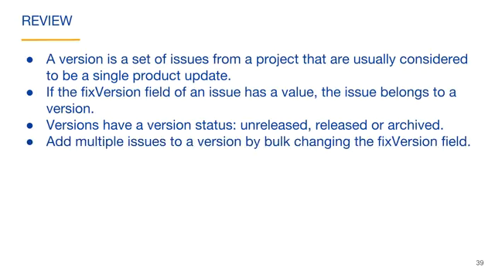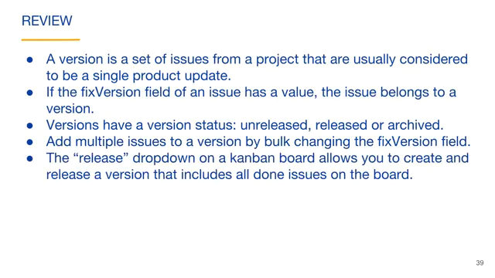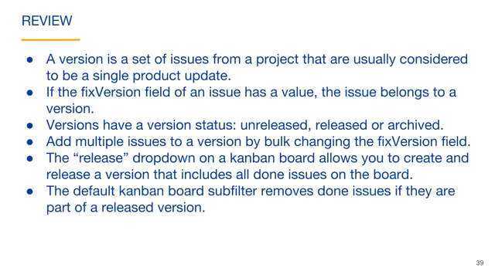Add multiple issues to a version by bulk changing the fixed version field. The Release dropdown on a Kanban board allows you to create and release a version that includes all done issues on the board. The default Kanban board subfilter removes done issues if they are part of a released version.